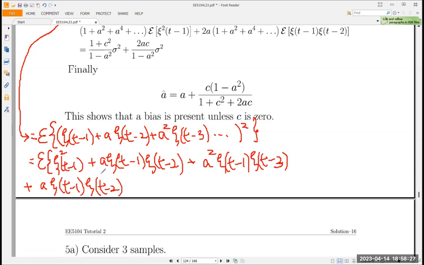Then this one times itself, you also get a value. You see a square, you get a value. Then this one times this one, you will get a value because the indices differ by 1.